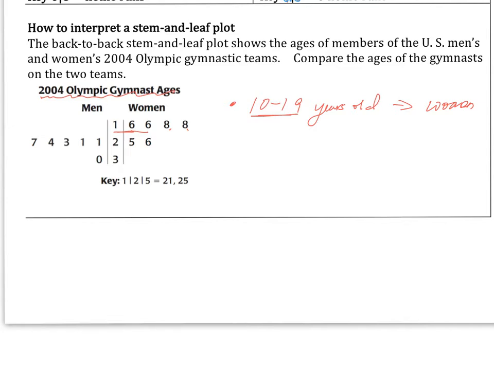As long as the interval is reasonable, it's fine. Then for 20, we have 21 here. How to read this is you take 2 and you read it backwards. 21 years old, 21 years old, 23, 24, 27, and so forth. So we have men aged between 20 and 21 years old.